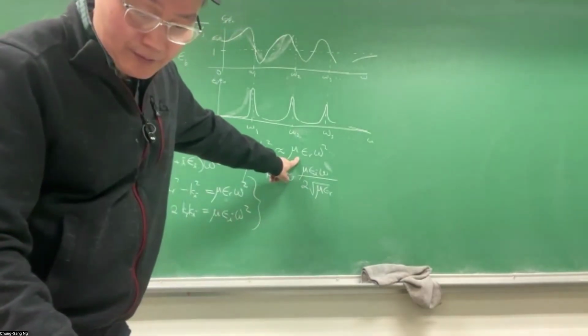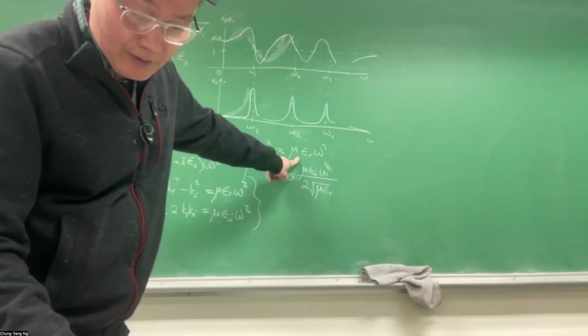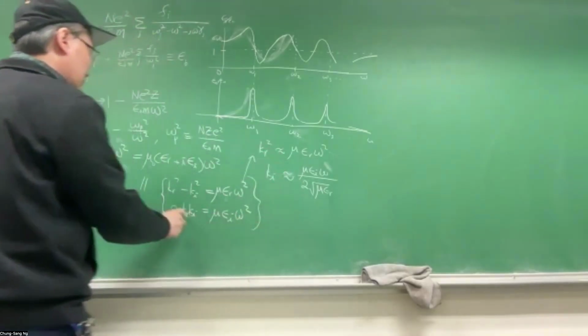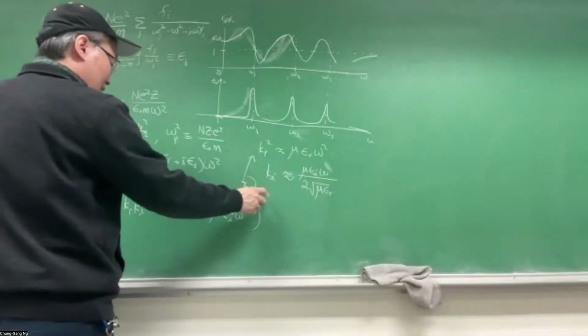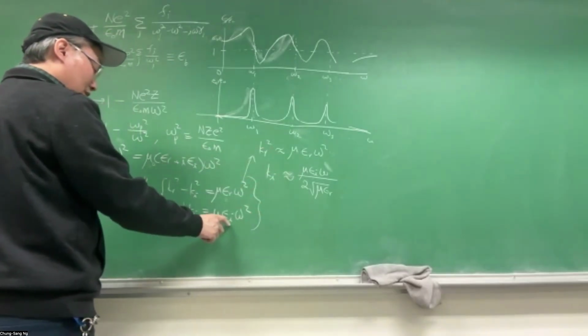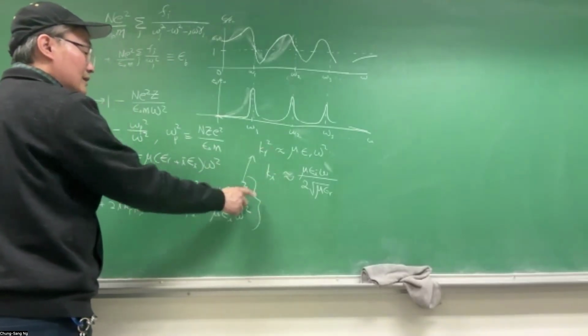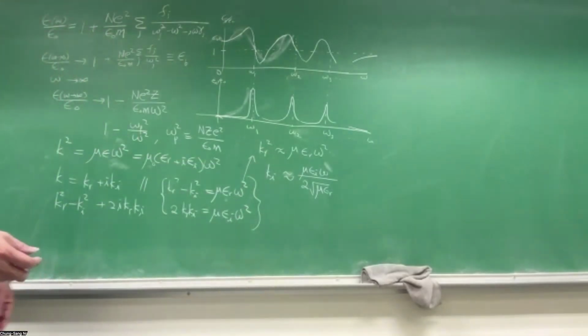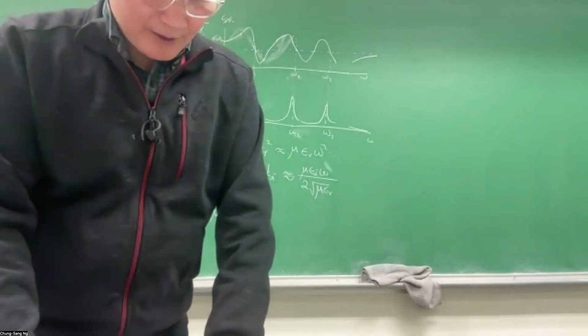Anyway, these are just approximations. If the condition is right, you can use that. The condition is that k_I is small. Otherwise, you can still solve for that exactly.